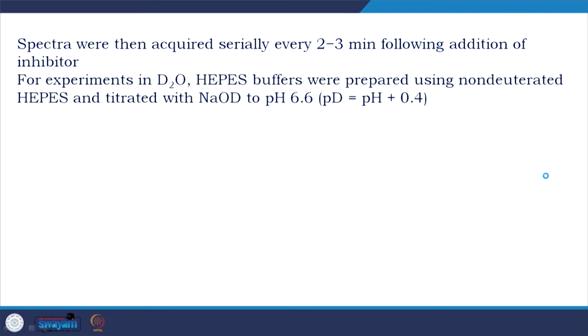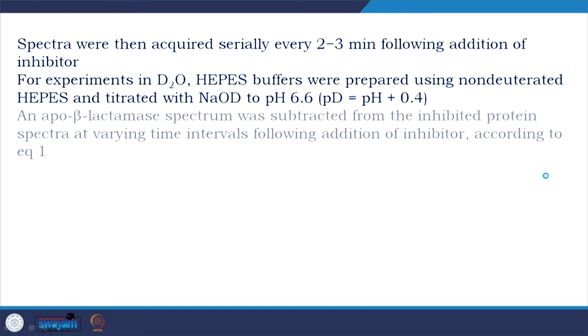For experiments in D2O, HEPES buffer was prepared using non-deuterated HEPES and titrated with NaOD to pH 6.6. An apo-beta-lactamase spectrum was subtracted from the inhibited protein spectra at varying time intervals following addition of inhibitor.